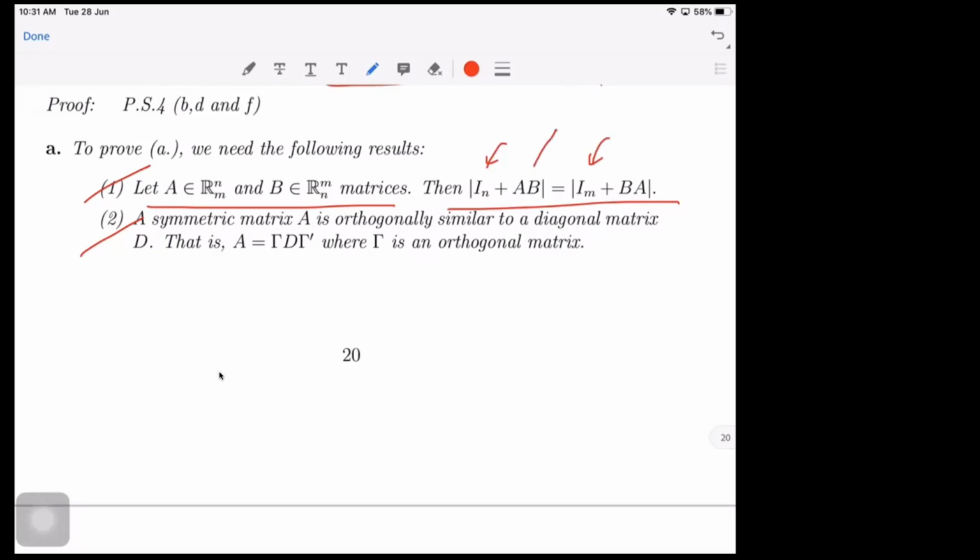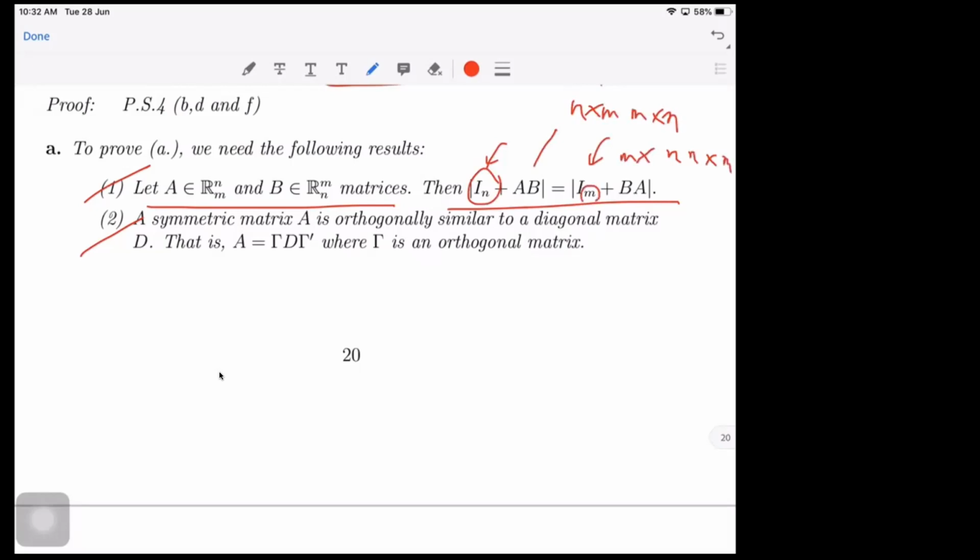AB is n by m, B is m by n, so that's why this is n by n, and this is m by m.